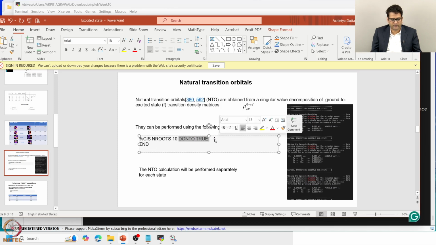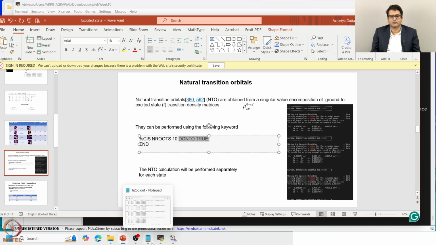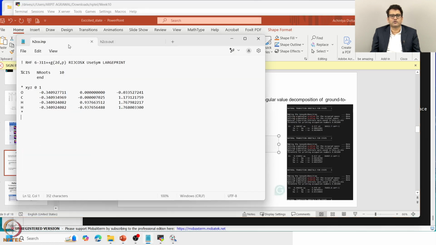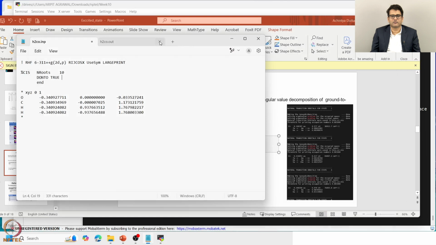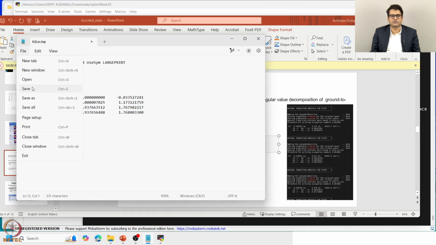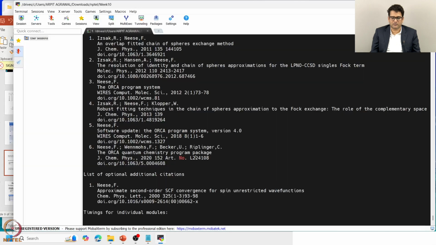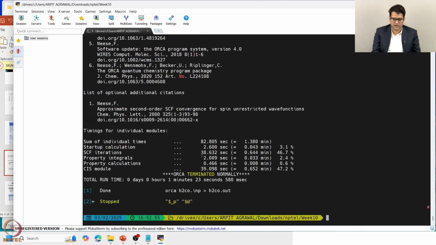So, let us go to the H2CO example. Let me close ChemCraft for the time being. Let me save it again and rerun the calculation. Remember what is the keyword I use?